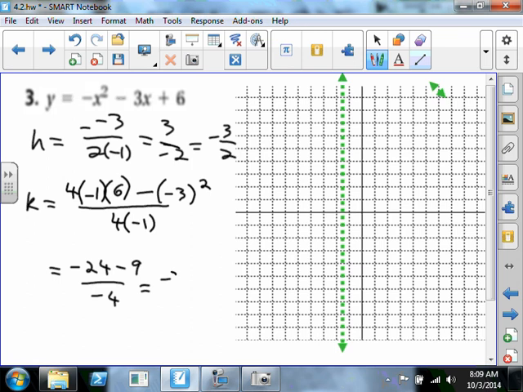That's negative 33 over negative 4, which is 33 over 4. Oh man, that's a lot of work. Now, if you don't know the mixed number equivalent, it's 8 1/4. So my vertex is going to be up 1, 2, 3, 4, 5, 6, 7, 8 1/4. There's my vertex at the point negative 3 halves, 33 fourths.